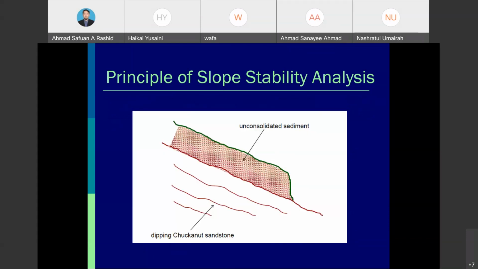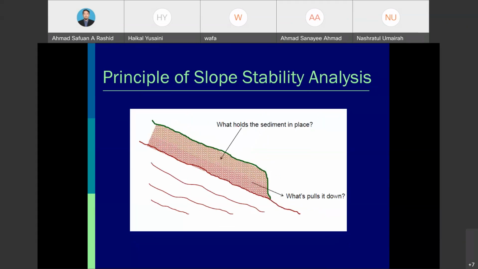Here is a simple analogy. There are two different materials, unconsolidated sediments and a sandstone. I just want to show how this analogy describes the principle of slope stability analysis.